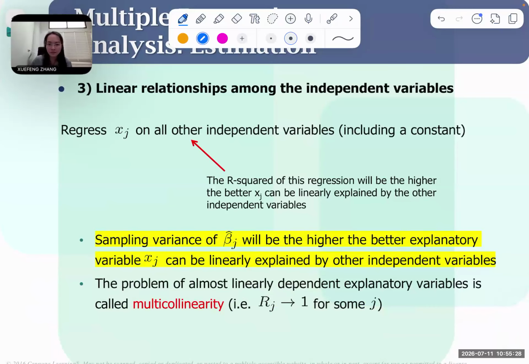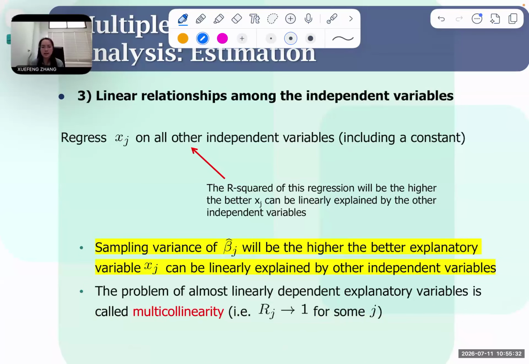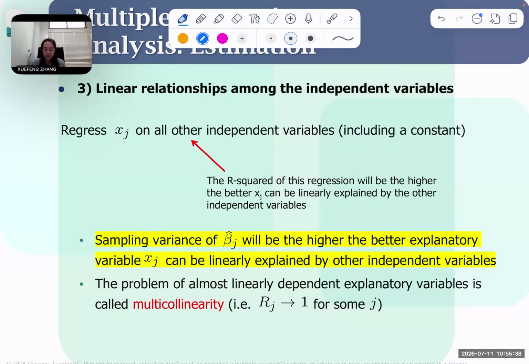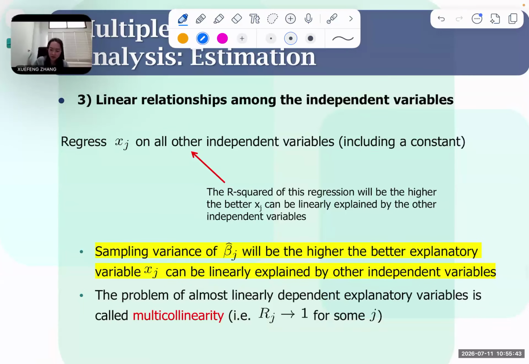Next, the third component, the one that connects back to what we discussed a little bit ago. Remember Rj squared, right? This is the one where we regress xj on all the other x.